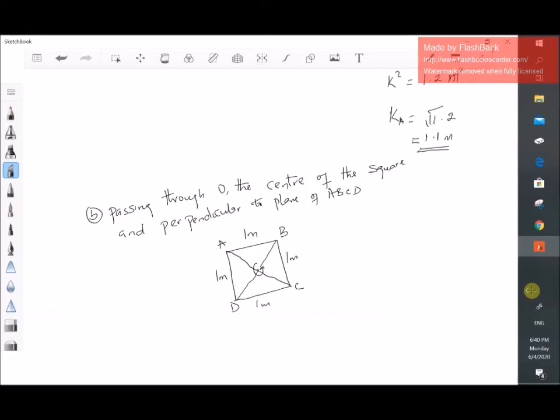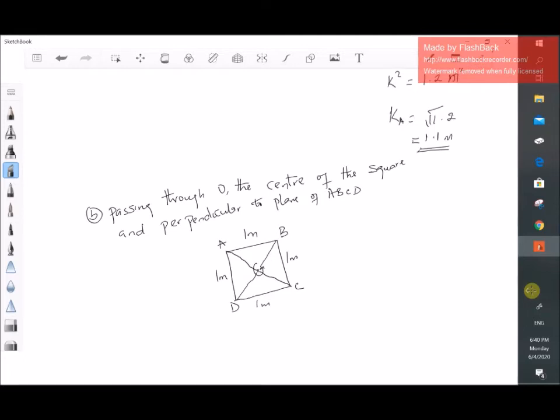As you can see, the distance from point A to the center, from B to the center, C to the center, and D to the center must be the same because it is a square. So how do we get the distance from point C to the center, or for point B to the center?